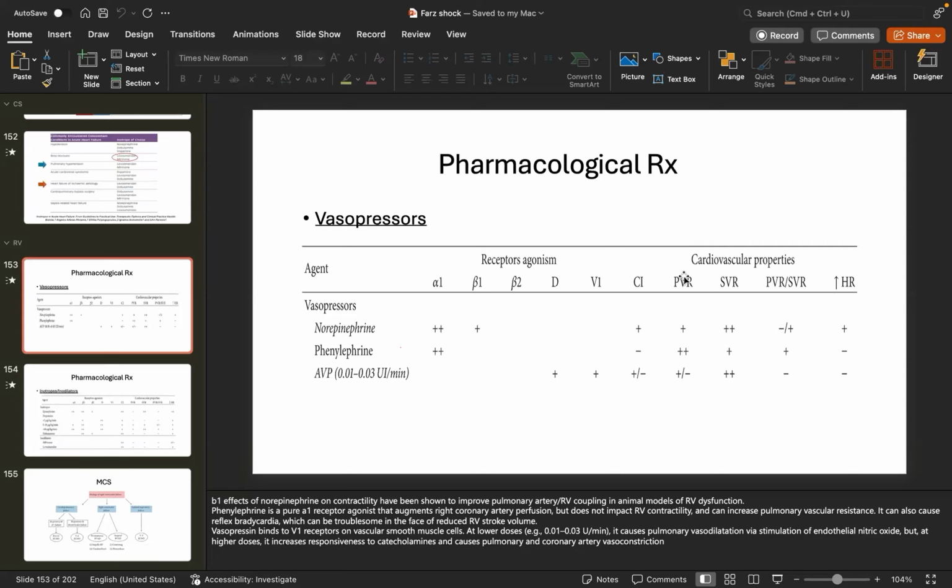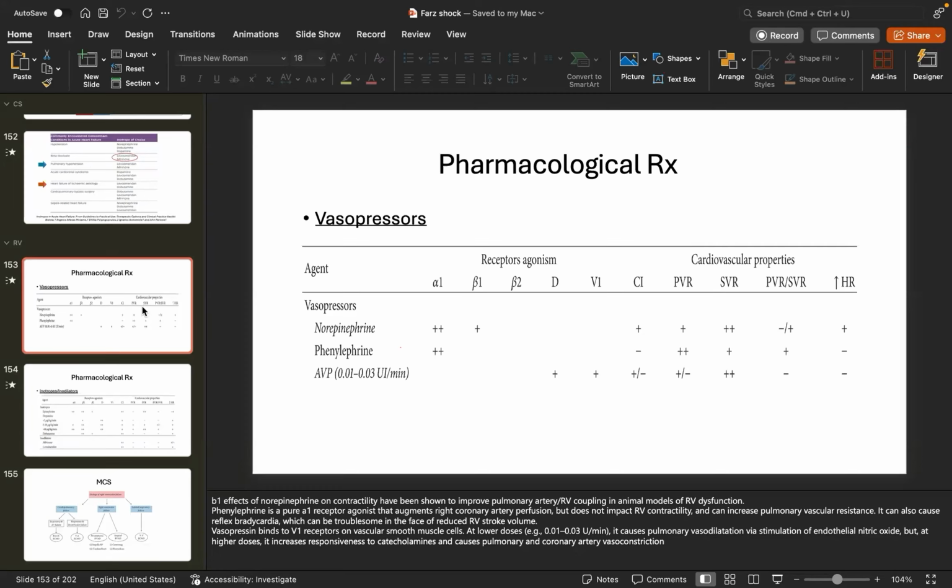Just imagine that you are increasing the systemic vascular resistance and thereby you will push the septum towards its normal position. Because you are increasing the SVR, the pressure in the LV will increase, it will push the septum towards the RV, it will remodel the shape and it will again bring back the interventricular dependence and it will reduce the RV afterload or have no effect. Therefore, vasopressin is preferable in these cases.